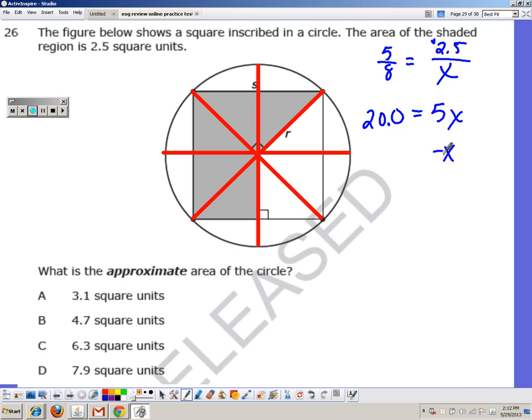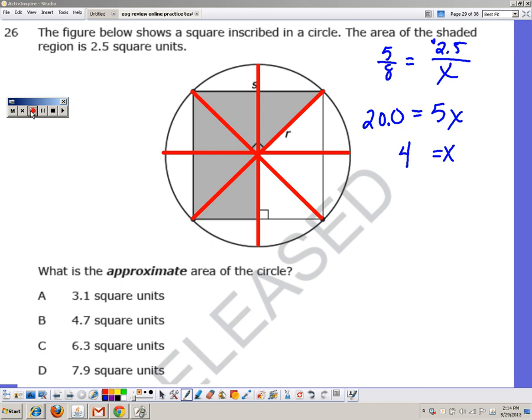X equals 4. Alright, so each of these pieces are 4. If you look, the triangle where the radius is at is 2 of these pieces, which is 8.